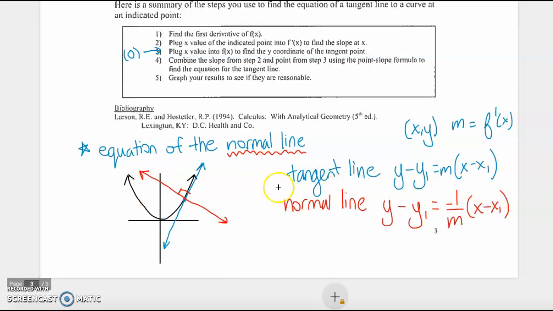So you don't actually have to do any other work. We would still follow all the steps for the equation of your tangent line, but then you would just use the opposite reciprocal slope for your normal line and get your answer that way as well.